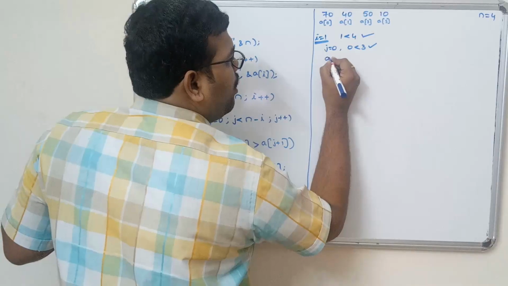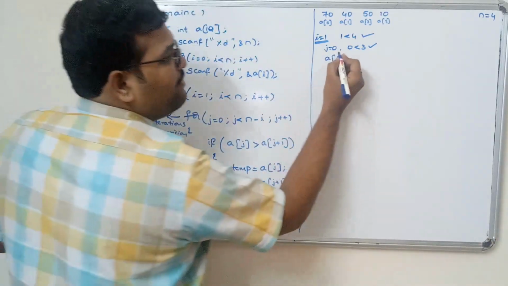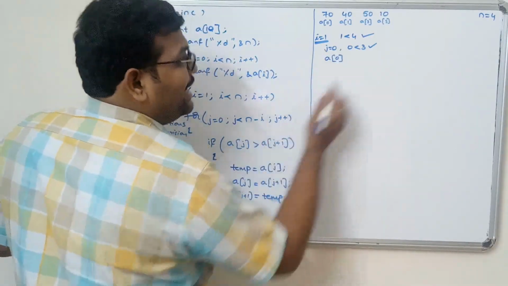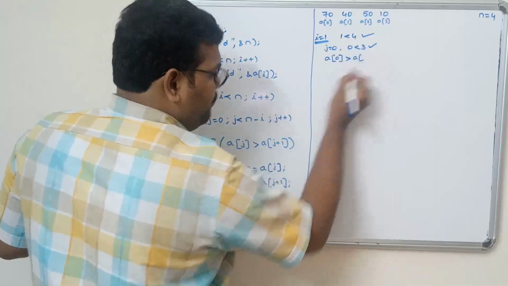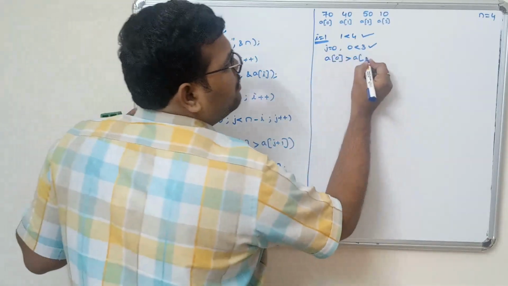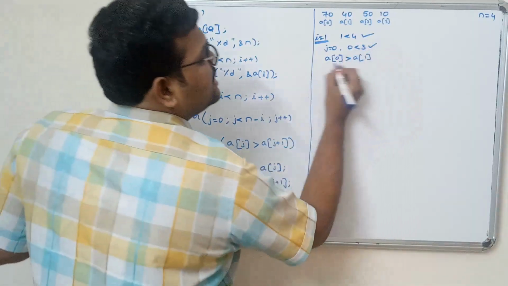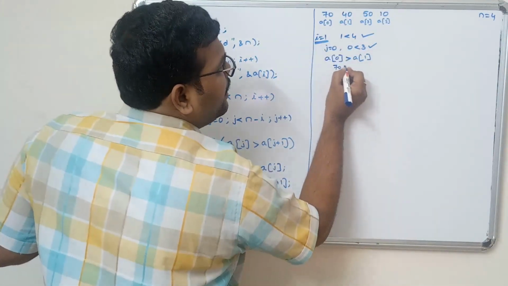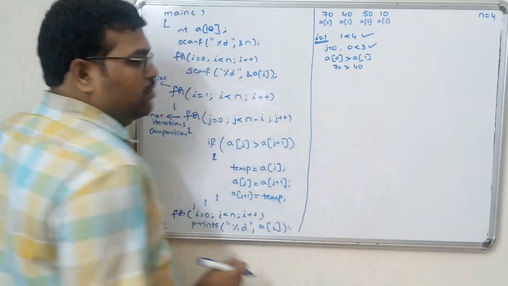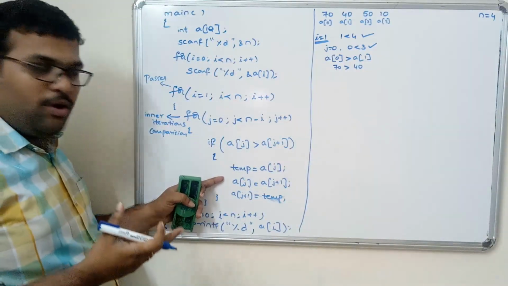Now a of j, value 0, is greater than a of j plus 1, means 1. So a of 0 is 70, greater than 40. So we have to apply the swapping operations.